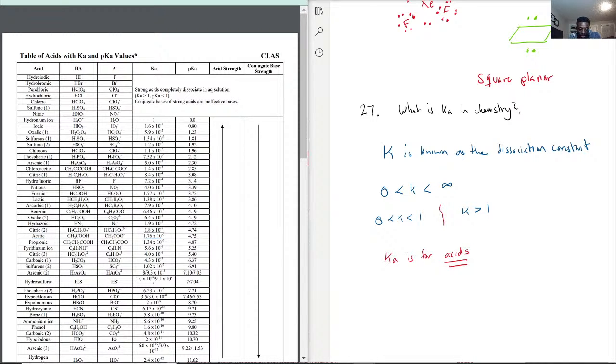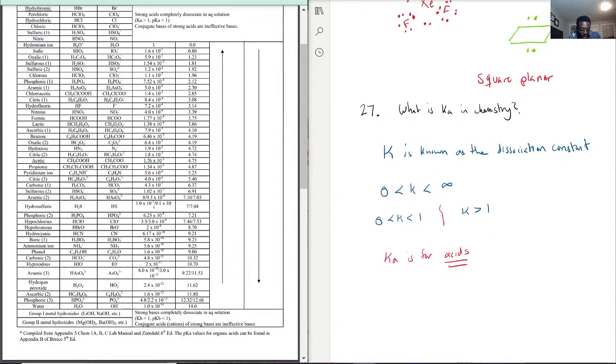So let's go to the actual weakest one on this list: water. H2O is a good example. You're not going to see H plus and OH minus so freely. Although, as it indicates here, 1 times 10 to the negative 14, there's a small amount of H plus and OH minus in the water, but it's almost insignificant because of how small that number is.